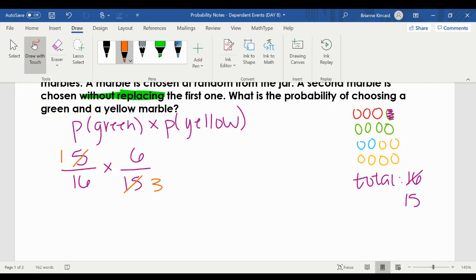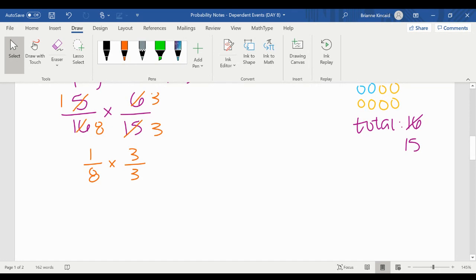And then I can do the same thing with 6 and 16. Both are divisible by 2. So 6 divided by 2 is 3. 16 divided by 2 is 8. So that's going to give me a fraction of 1 over 8 times 3 over 3, which actually, what you should notice, 3 over 3 is equivalent to 1. That's 1 over 8 times 1, or just 1 over 8.